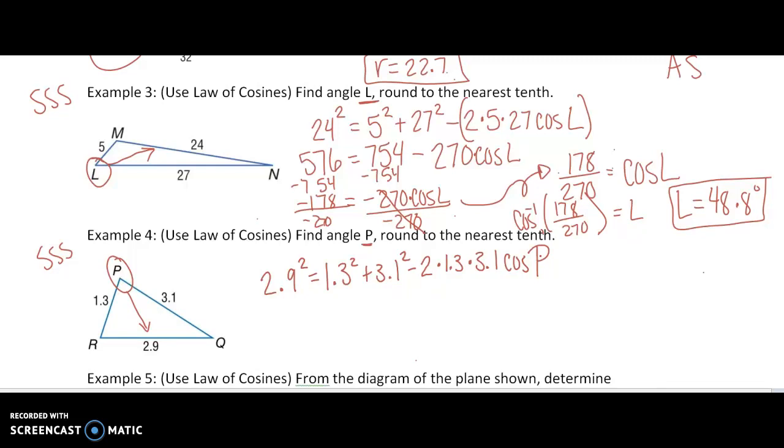Then I like to make it more condensed because right now I am looking at a lot of numbers, especially with those decimal places. So I usually take whatever's on the far left side, square it, and I get 8.41. And then in my calculator, I type in 1.3 squared plus 3.1 squared. I combine these two, add those together in my calculator, and I get 11.3.